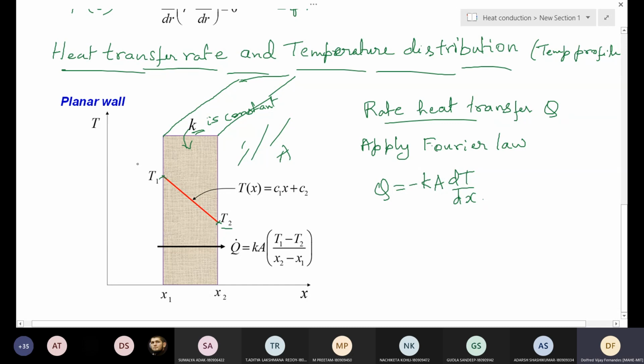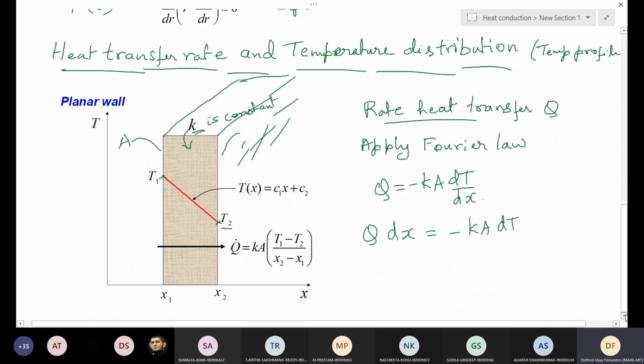In this case, whatever area you have on the left hand side, the same area is on the right hand side. The area will be the same in the planar wall. So we write Q equal to minus KA dT by dx. You can bring dx to the left hand side: Q dx equal to minus KA dT.